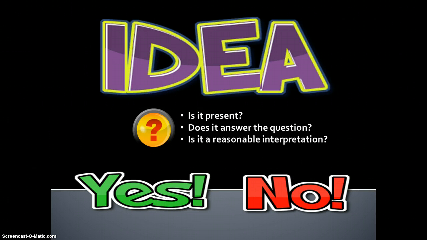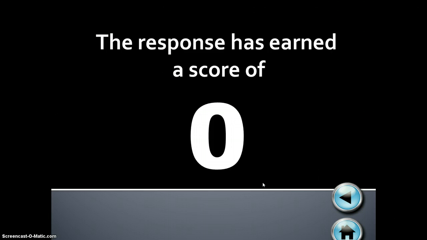So let's say that you're looking at one short answer response. You're looking at the first and most important element, which is the idea or the answer from the specific question in the short answer. Is it present? Does it answer the question? Is it a reasonable interpretation that one could make within the text? If the answer is no, that short answer automatically receives a 0.